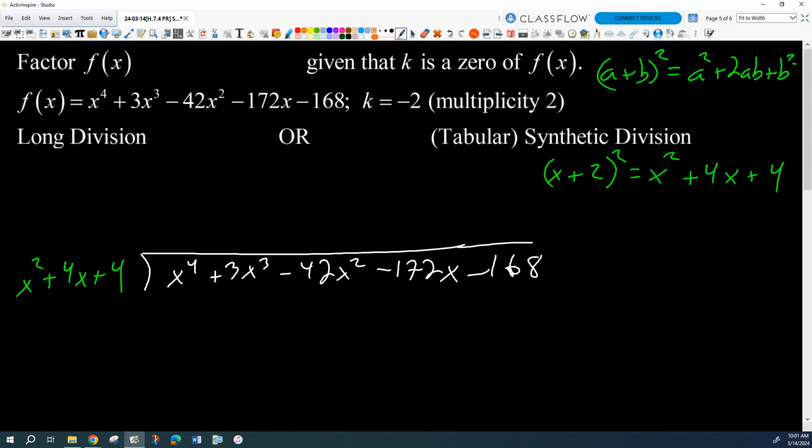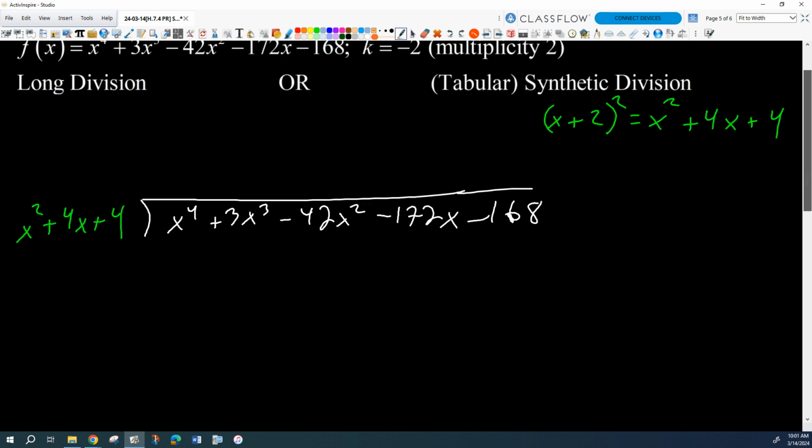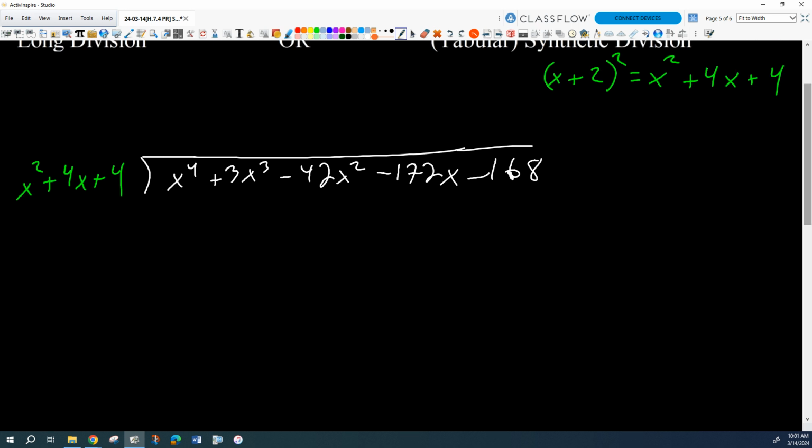So what do we get if we do that? First term, x squared goes into x to the fourth x squared times. I distribute: x squared times this whole polynomial gives me x to the fourth plus 4x cubed plus 4x squared.